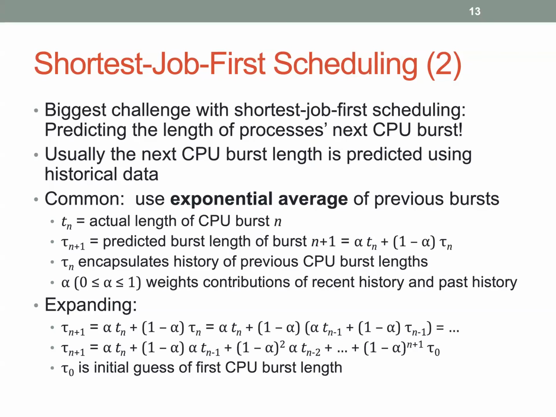So the further you go in history, the less it's weighted, and the closer you are to the immediate time, the more heavily it's weighted. And alpha allows you to tune how quickly or how slowly stuff falls off as it goes further and further into the past. So that's why it's called exponential average.